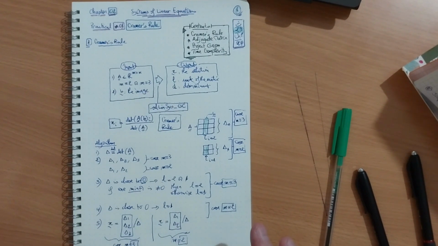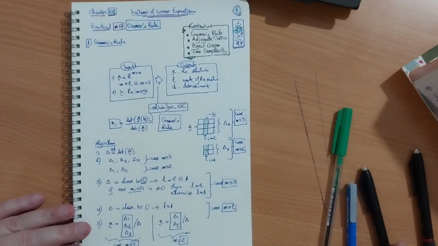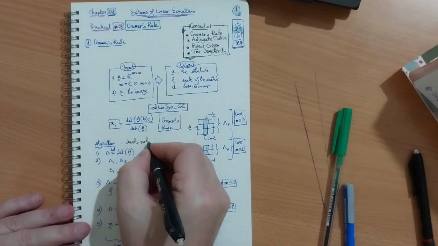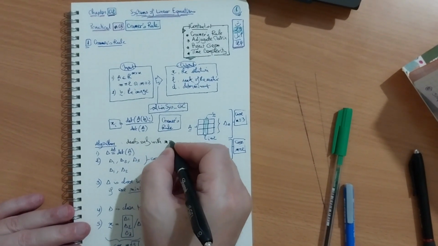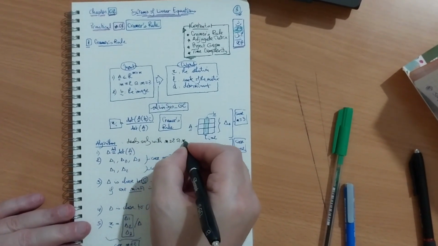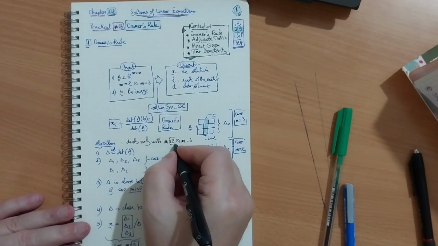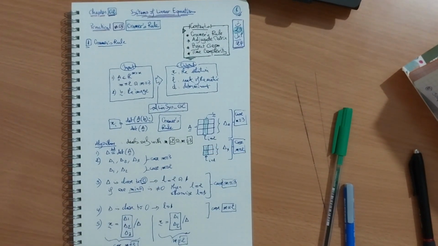We deal only, so let's write it here. Deals only with m either equal to 2 or m equal to 3. And that's it.